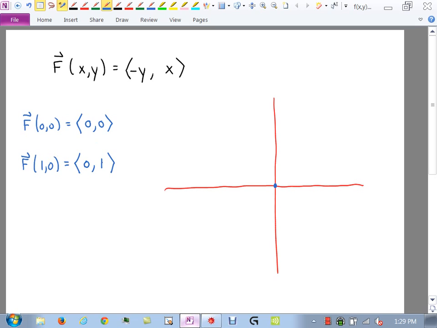So if I go out 1 unit to the right, corresponding to that point, which I'll put in black, is a vector, right? And this vector is the vector 0, 1. What does the vector 0, 1 look like? It points straight up. How long is it? It's 1 unit length, right? Isn't that J? J hat?